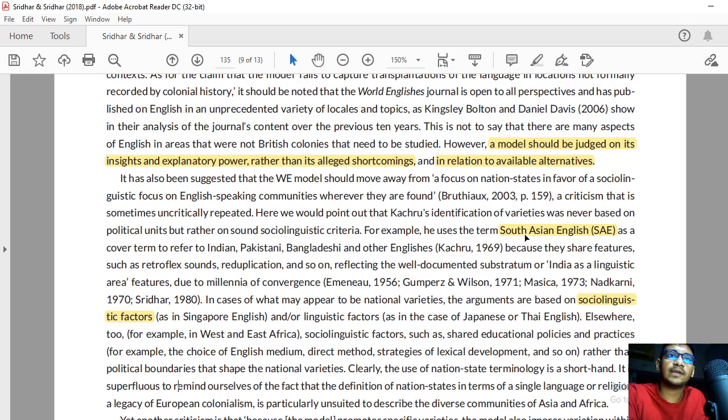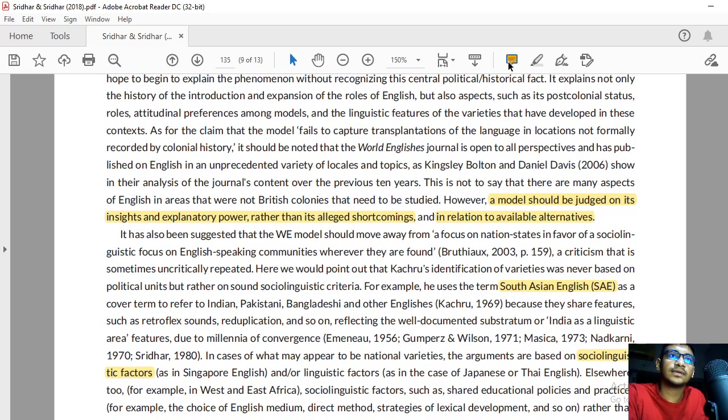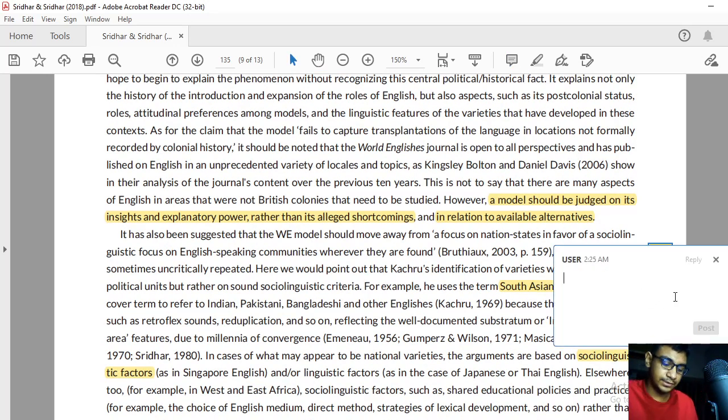So here in this paragraph, let's take a short note. In this paragraph, Sridhar 2018 addresses the criticism that Kachru did not focus on sociolinguistic criteria but rather political ideas.